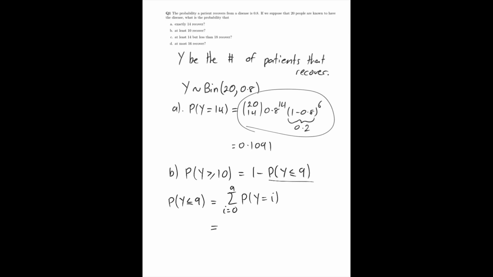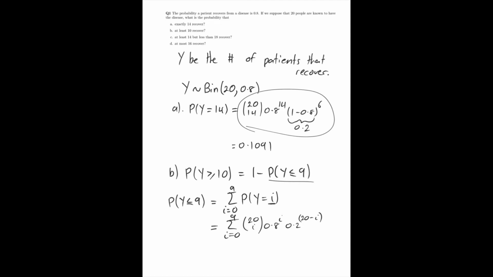Then we can expand that out to be the sum from i equals 0 up to 9 of 20 choose i, because we want the probability that Y equals i, times 0.8 raised to the power of i, times 0.2 raised to the power of 20 minus i. Because if you have i recoveries, you must have 20 minus i non-recoveries.